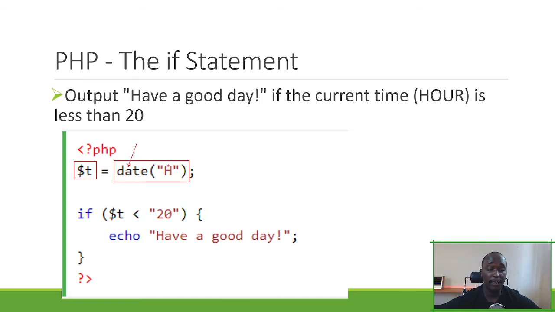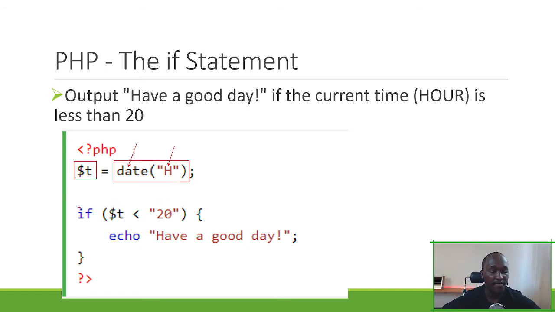If you give it the parameter capital H, it gives you the current time in 24 hours. For example, right now it is 11:17, so it's going to give 11, and the value of t is going to be 11. That's how the date function works. You can read more about it on W3Schools. This is one of the functions that you'll use most of the time in your projects.